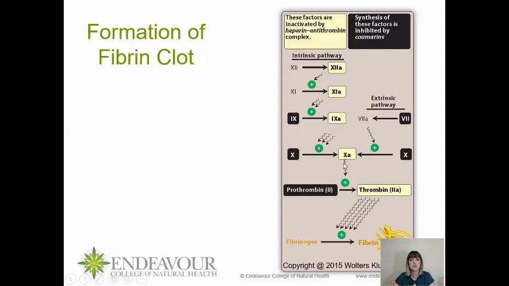So all of these active factors and the thrombin itself are inhibited by heparin. And warfarin belongs to a group called the coumarins. And instead of inhibiting the activated factors, the coumarins, like warfarin, actually stop you creating the inactive factors that are already circulating in the blood. So they're not there present to be activated for a clot to actually occur.